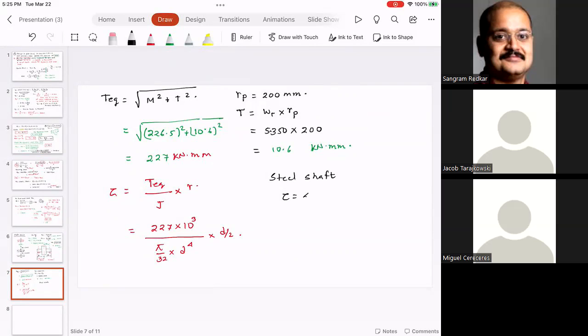So tau is equal to 45 Newton per millimeter square. With this, we should be able to find out the value of diameter. And the value of diameter is 226.75. Okay, yeah, so 227, correct.